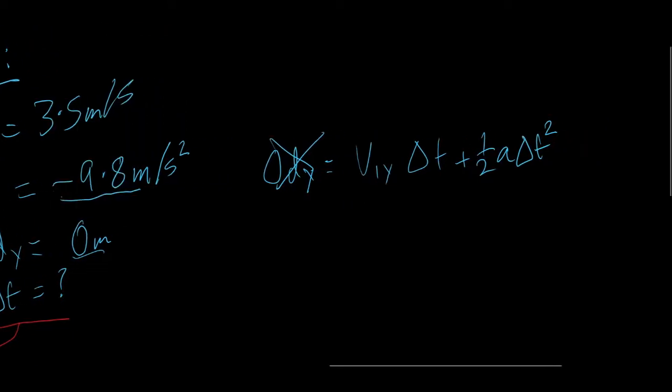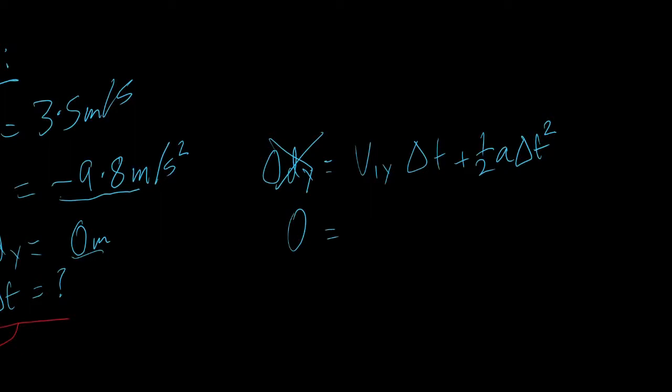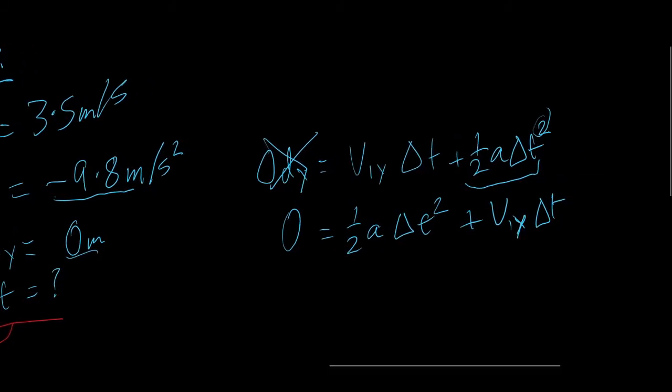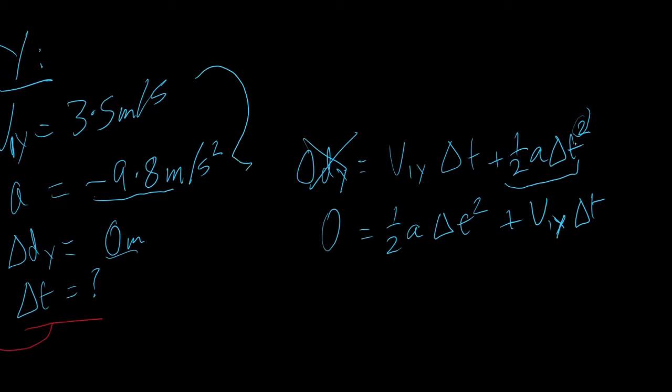Now we can see that it's a quadratic because there's a t squared over here, something in the second degree. So let's just rearrange it to 1 over 2a delta t squared plus v1y delta t. There's something more familiar.